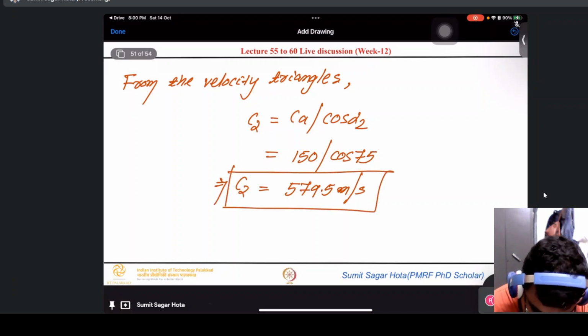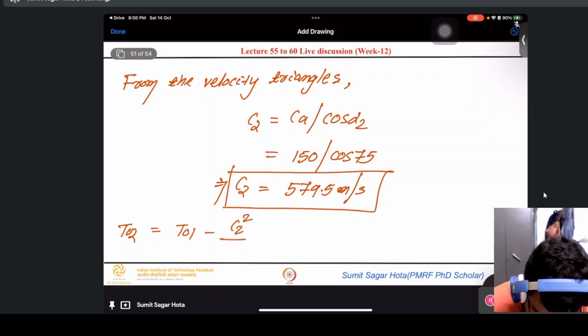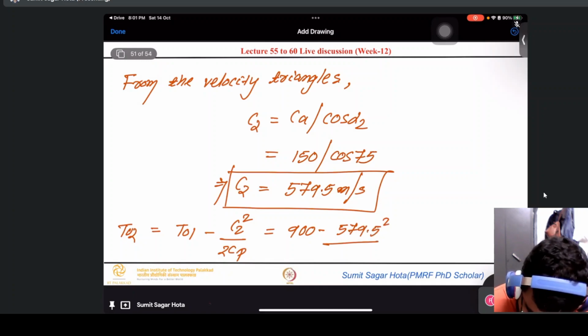So what is T naught 2? T naught 2 is equal to T naught 1 minus C2 square divided by 2Cp, equal to 900 minus 579.5 square divided by 2 into 1148, equal to 753.7 Kelvin.